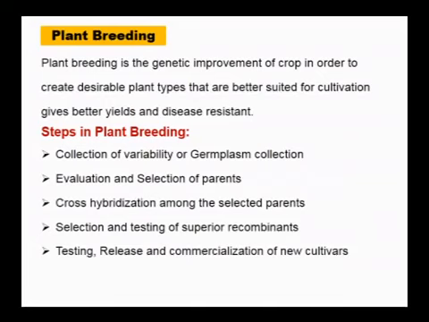By doing cross hybridization among the selected parents, we obtain improved traits or quality in the progeny, but there is no guarantee that this character has been combined. If the character has not been combined, it has to be crossed again for several generations till the desired trait or character is combined.